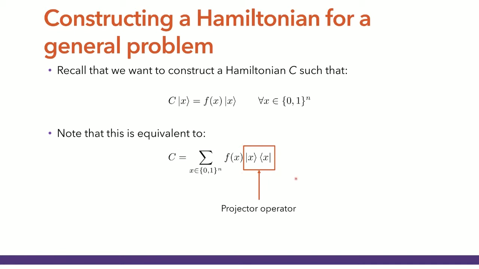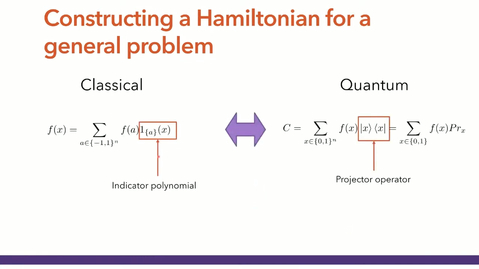This holds because this projector gives you 1 if you're projecting x onto x, and it gives you 0 if you're projecting some computational basis state that is not equal to x onto x, because computational basis states form an orthogonal basis. Just comparing these two, you can already see how you do it. You go from indicator polynomials in the classical case to projector operators in the quantum case.